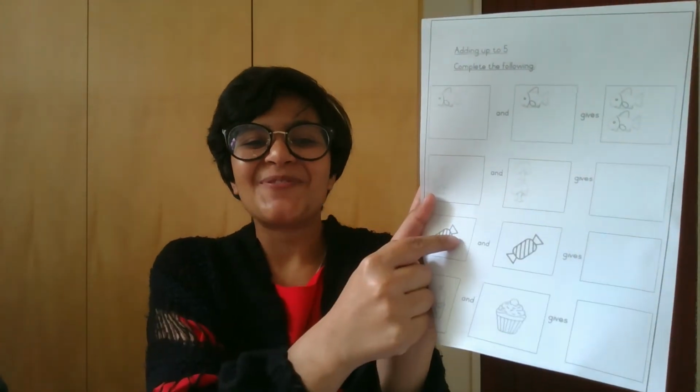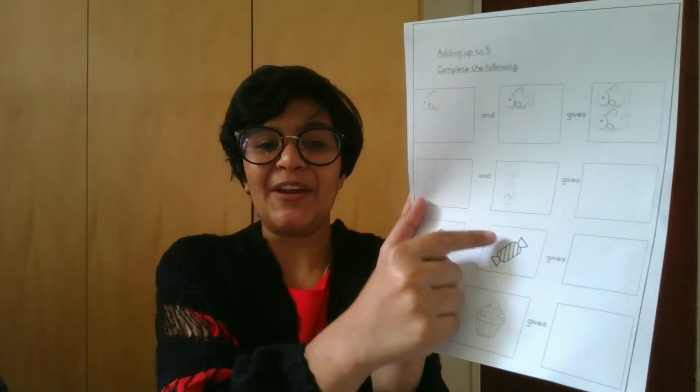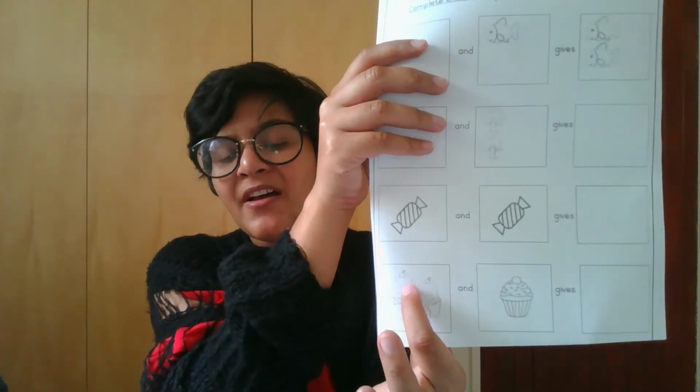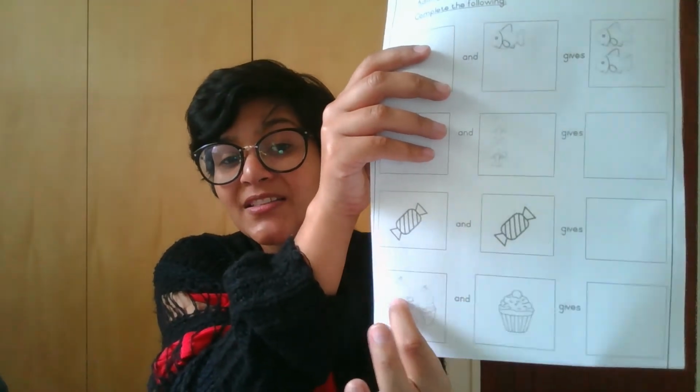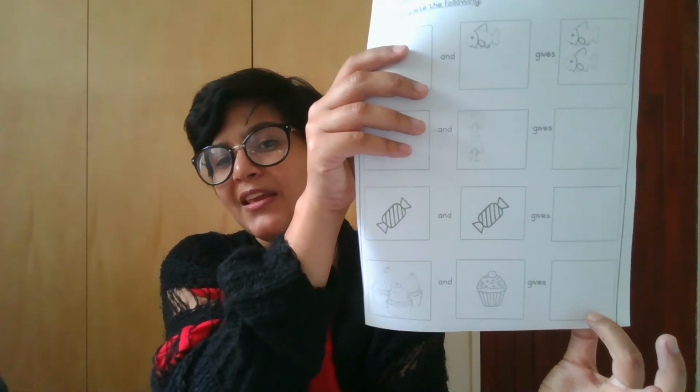And the last one, we have 1 sweet and 1 sweet gives how many sweets? And then over here we have 3 cupcakes, and 1 cupcake gives how many? So over here you're not writing the numbers, you are drawing the pictures.